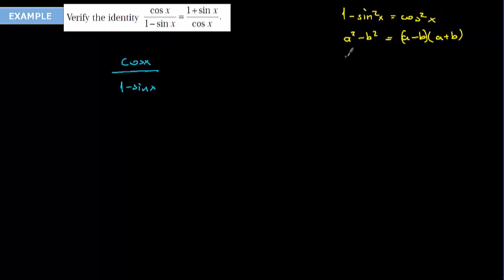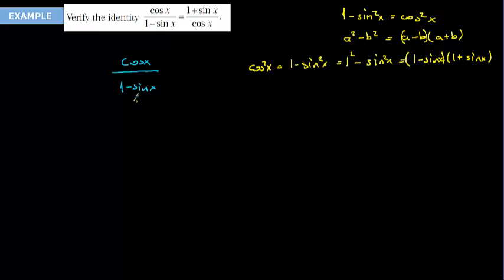So 1 minus sine square x, which is 1 squared minus sine squared x, is equal to 1 minus sine x times 1 plus sine x. And at the beginning I said this is equal to cosine square x. So cosine square x is equal to 1 minus sine square x, that's 1 squared minus sine squared, and at the end, 1 minus sine x times 1 plus sine x.